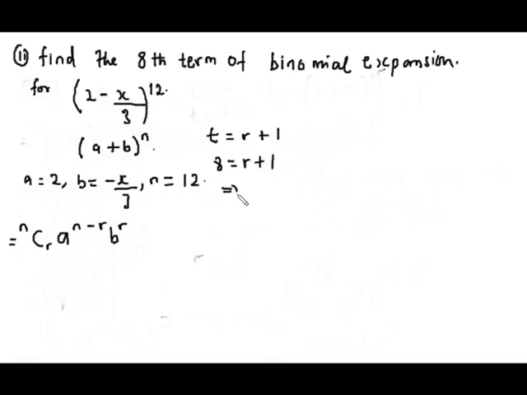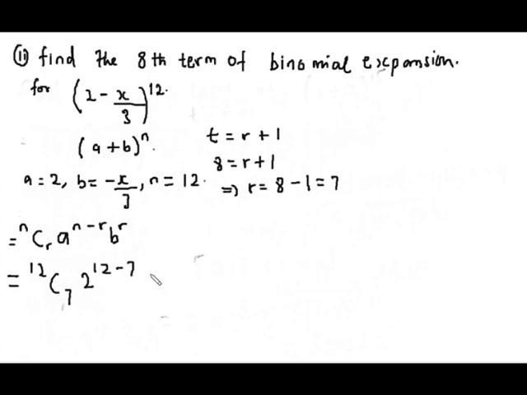This implies that r is equal to 8 minus 1, which is equal to 7. Now that we've gotten all our values, we just plug them into this formula. This is equal to 12 combination 7, and then a is 2 to the power of 12 minus 7.